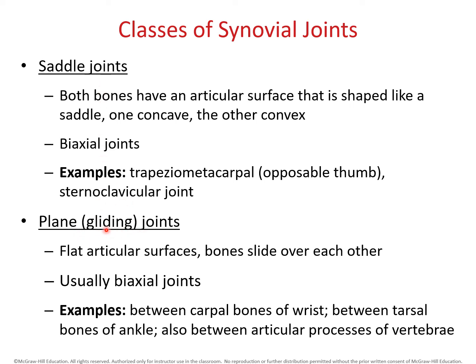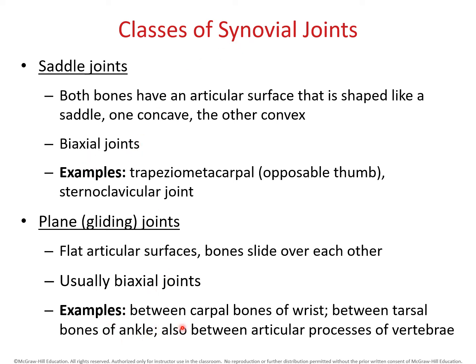Plane joints, also known as gliding joints. These joints have flat surfaces, so the ends of the bones are both flat, and they just slide over each other. These are also biaxial. And actually, most of our synovial joints are biaxial.